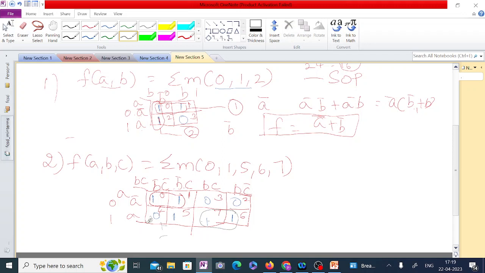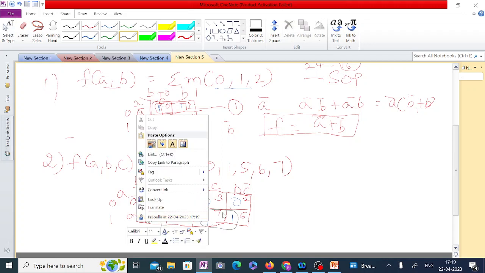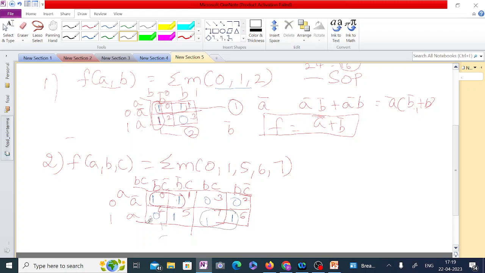I can either group with this one or I can group with this one. It is left to you. You can either go with this or with this group, but any one. Otherwise it becomes redundant. So totally I got 3 subgroups here.